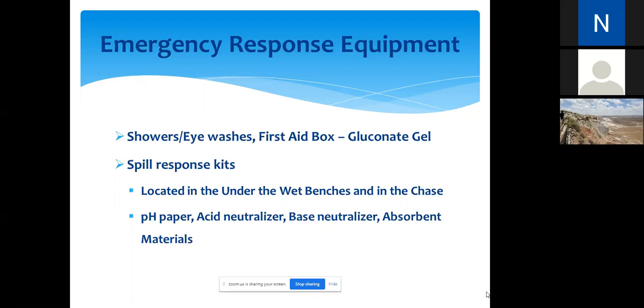So it doesn't make sense for the gluconate gel to be in the storage room if you're going to be working at the corrosive hood. It has to be right there. And all the different safety equipment like your face shield, your aprons, your rubber gloves, they all should be where you need them to be.